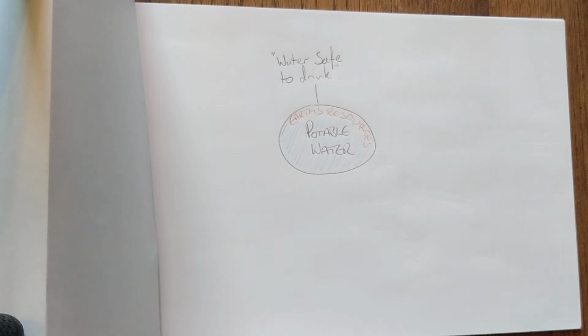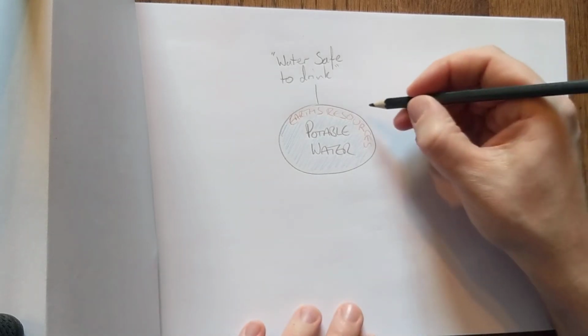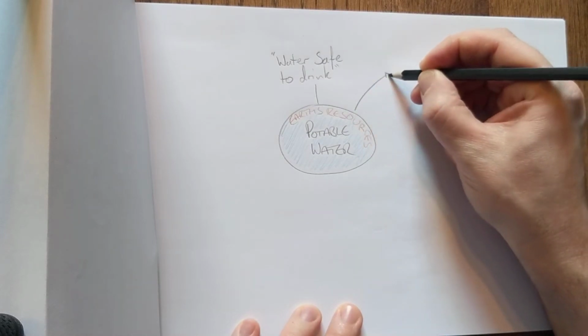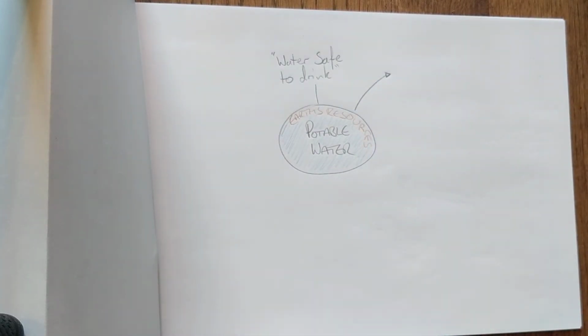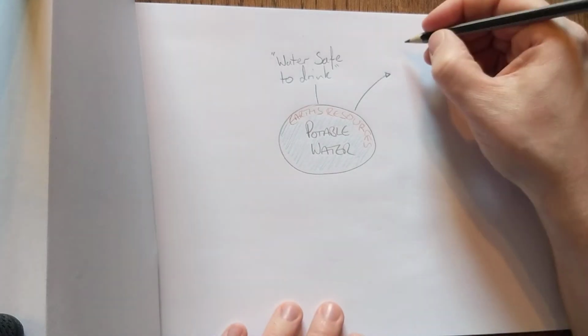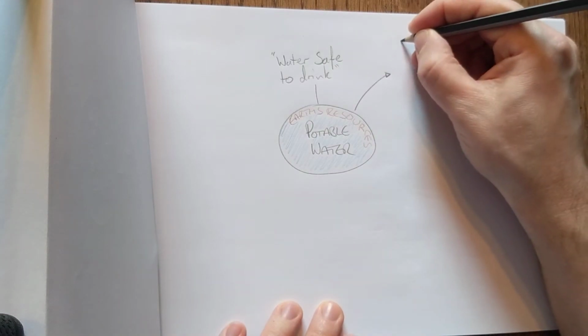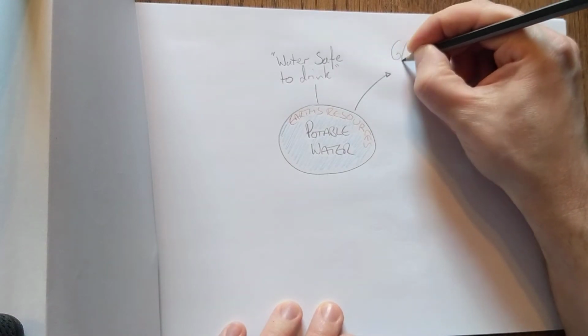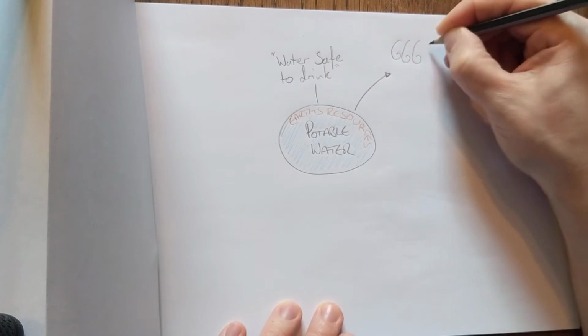So let's have a little bit of a history lesson to start with. When the Earth was formed, it was really hot, way above the boiling point of water. So there will have been lots and lots of water vapour in the air.